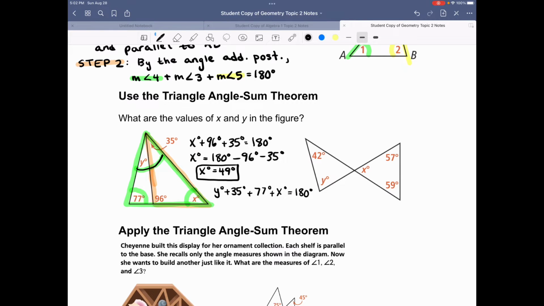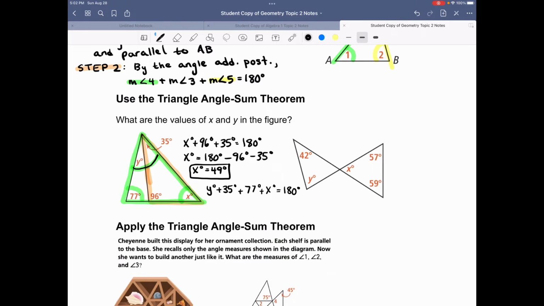Now, the x we just figured out in the last step was 49. So we'll just say that y equals 180 degrees minus 35 minus 77. And instead of putting x, I'm going to just put the 49. When you do all of that subtraction, you get 19 degrees.